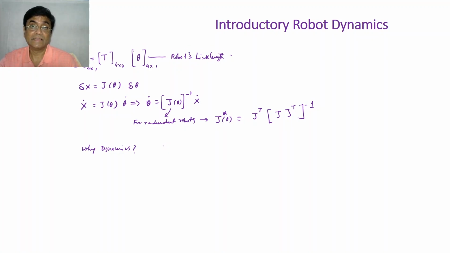If you are, then yes, resolved control together with forward kinematics and inverse kinematics will do your job. But if you are not satisfied with that, meaning I need a stringent trajectory, I need my robot to follow this trajectory stringently, then definitely we need a more complete model. That's why we are going to study dynamics.